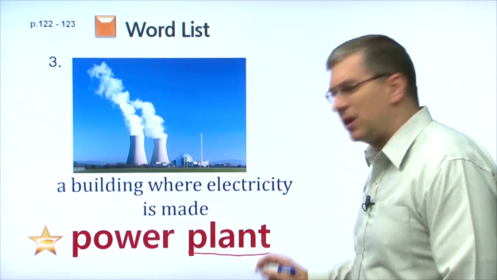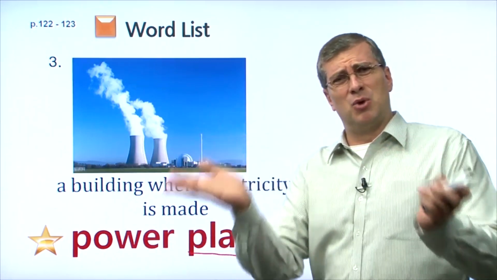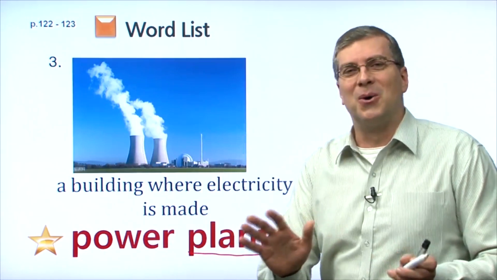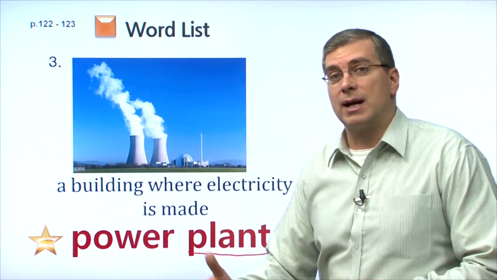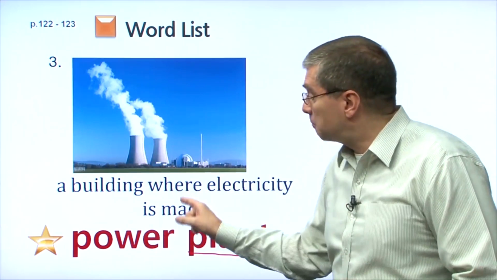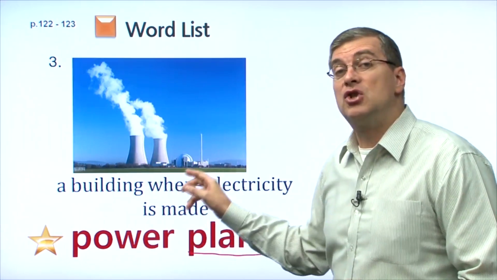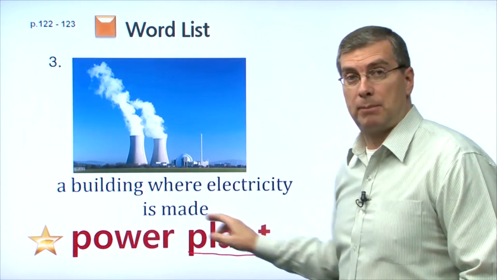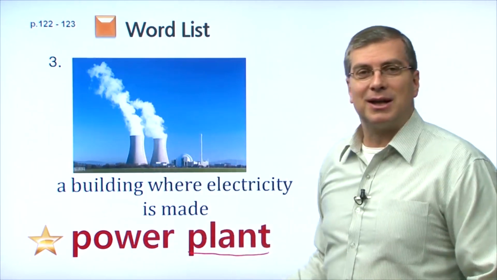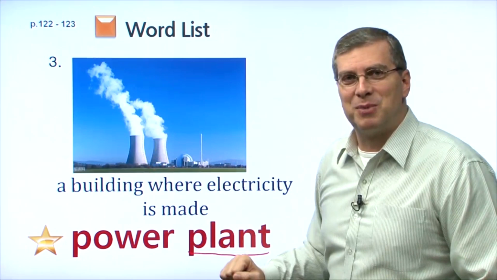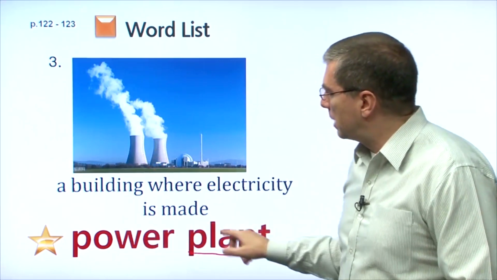Now you may know plant. Are we talking about a bush or a flower? No. Another meaning of plant is like a factory where something is made, especially an energy plant or power plant. So this building, which looks very strange, is a power plant.